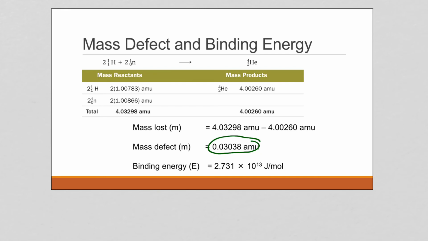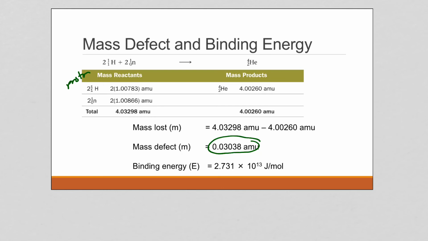So the mass of this helium nucleus is not the same as the sum of the mass of the particles that make it up. Essentially, the two protons, remember, this is a proton, and the two neutrons, the four particles in the nucleus have a mass of 4.03298, but the actual nucleus only weighs 4.00260.